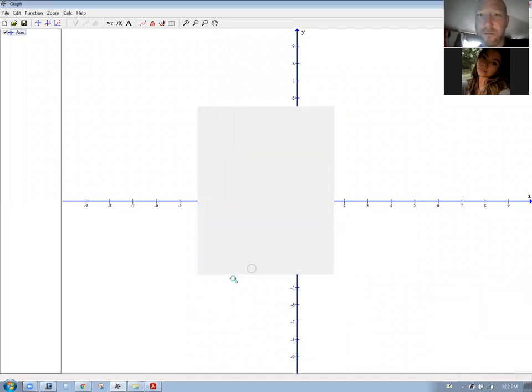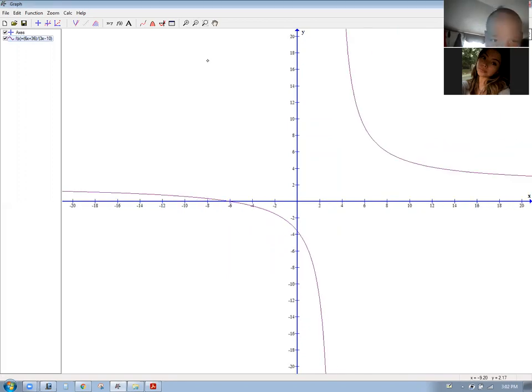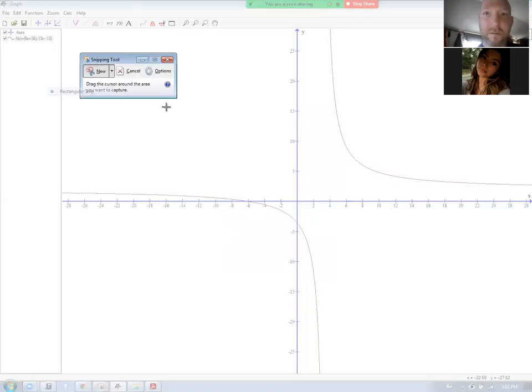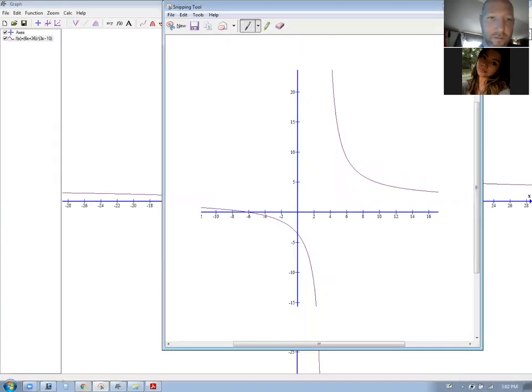Okay, there we go. And let's see if I can zoom out here. All right, and then we'll get a snapshot. There we go.